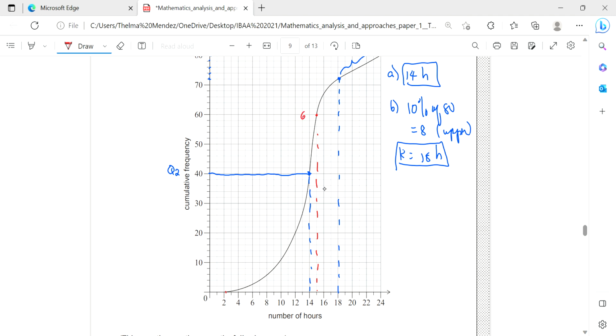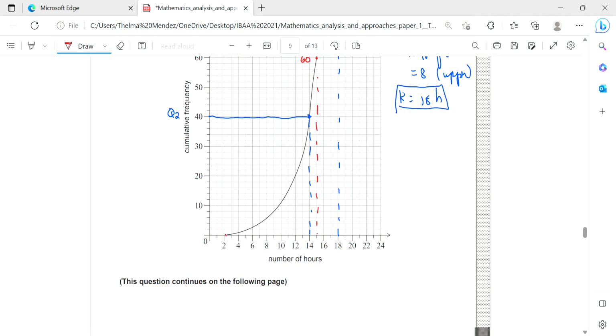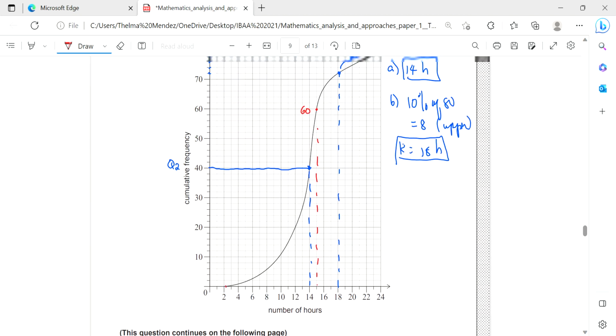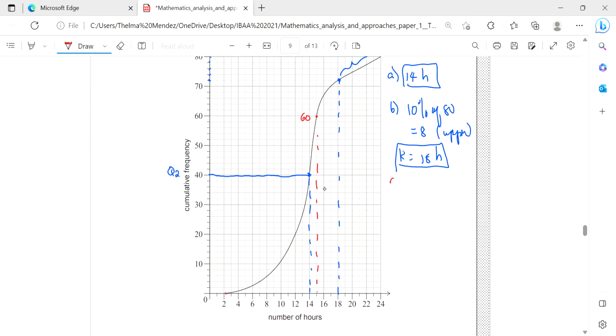Up to this point, from 2 hours to 15 hours, we have 60. So if you already have 4 from 2 to 7, we have 60 minus 4. So for letter C, P equals 60 minus 4, which is 56.